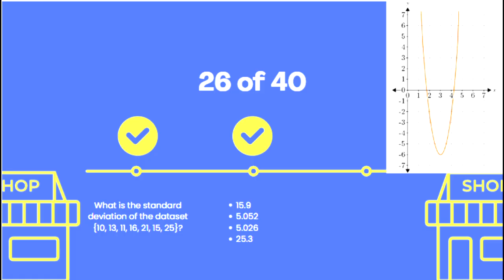So first, we need to take our data value, which we're going to start with 10, and subtract the mean from it. So we need to find our mean first. So let's take all of our numbers and add them together. So we have 10 plus 13 plus 11 plus 16 plus 21, 15, 25, and divide that by 1, 2, 3, 4, 5, 6, 7.